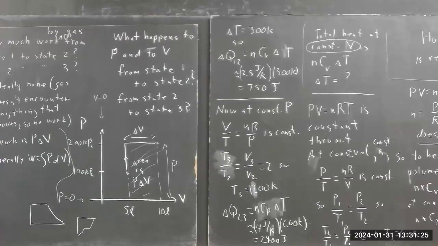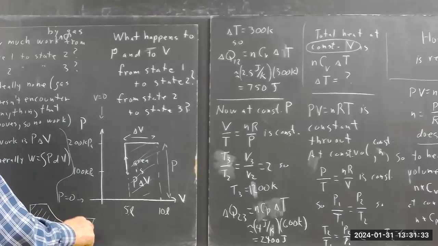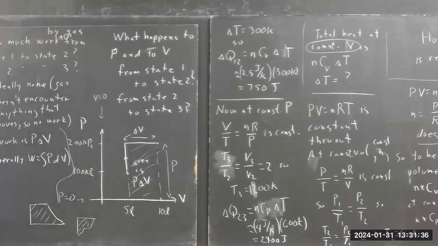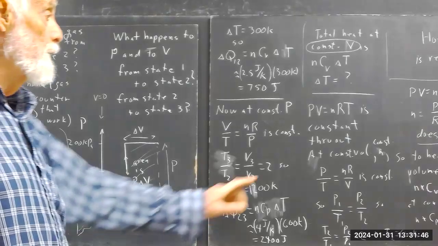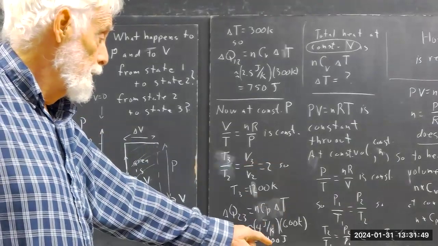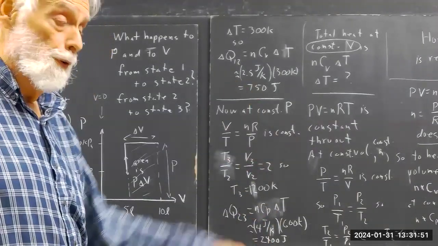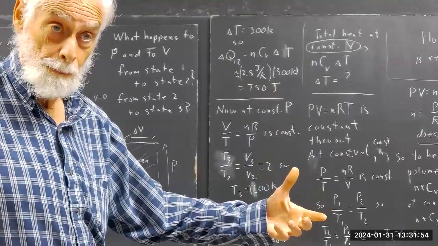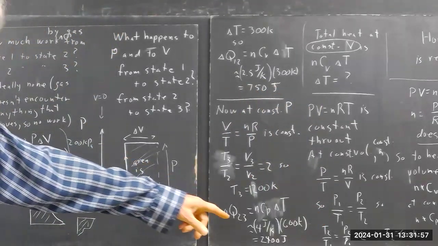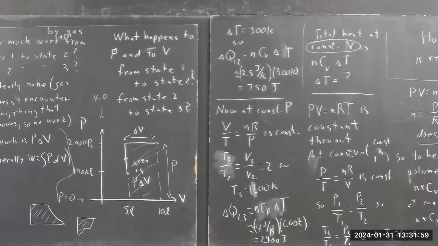It turns out that the net work that you get from the process is the area under this curve. And there's the work you get out of your heat engine per cycle. Now you compare that with the energy you've got to put into it. What are you getting out of that 3,150 joules or 3,200 joules, whatever? And it turns out that this is a lot less than that.